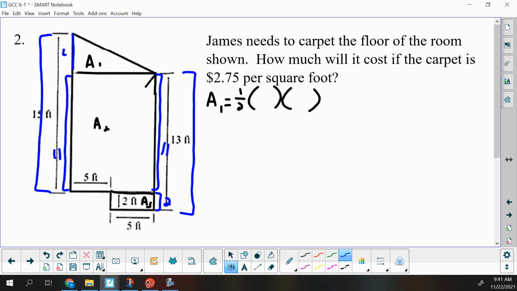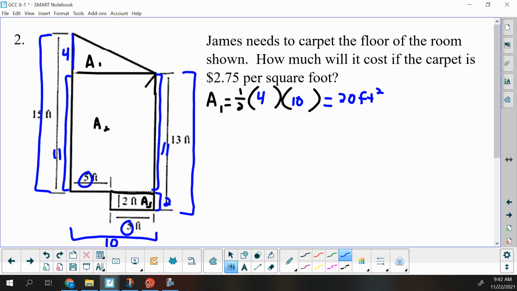That means that leaves us with 4 for that part. So the other part is coming from this whole dimension. Notice we have 5 and 5, so that whole thing is 10. So for the base and the height, one should be 4 and one should be 10. Half of 4 is 2, and 2 times 10 gives us 20 feet squared.